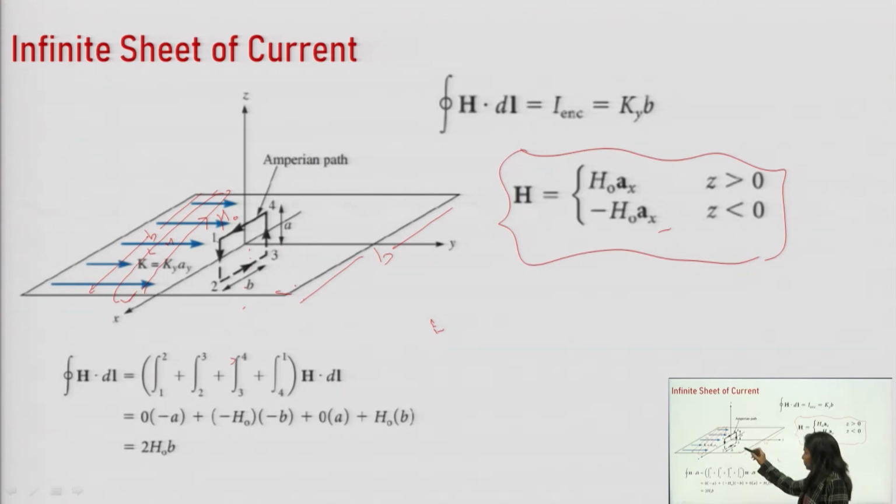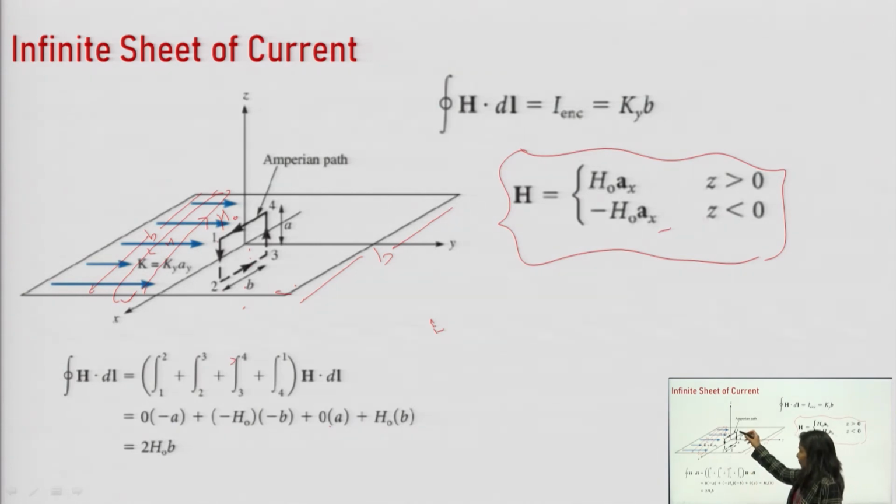Again, when we go from 3 to 4, H will be almost 0 because of the negligible thickness, and the side length is a, with dl value a.